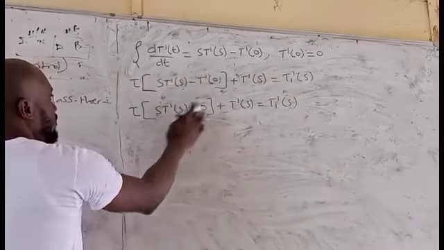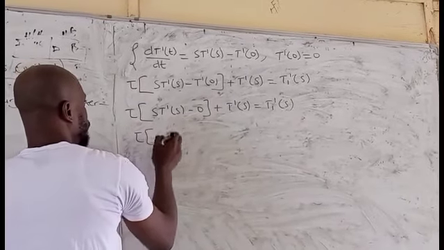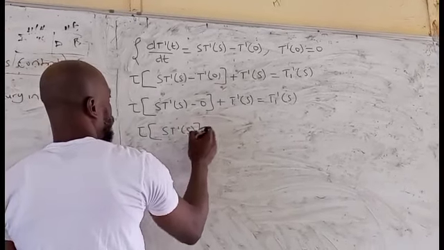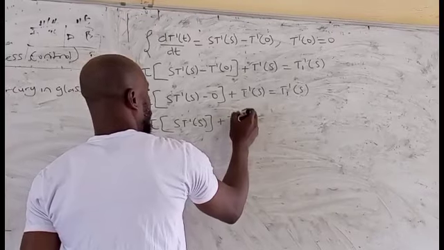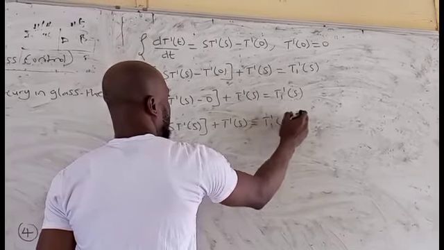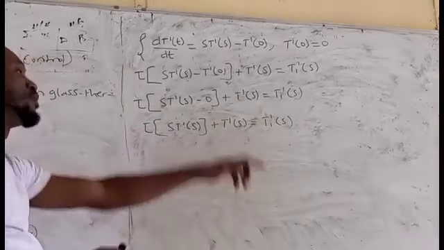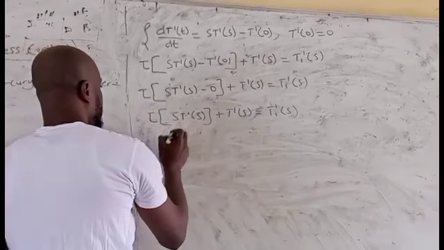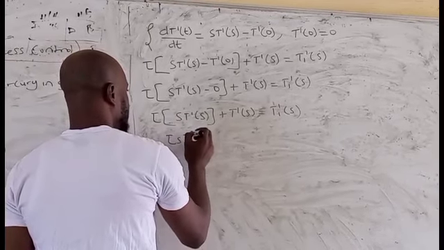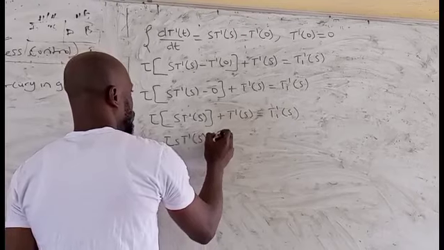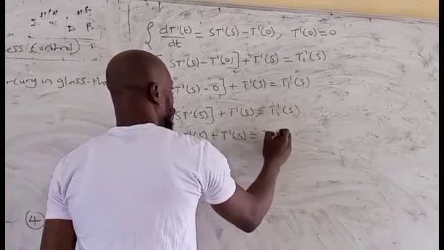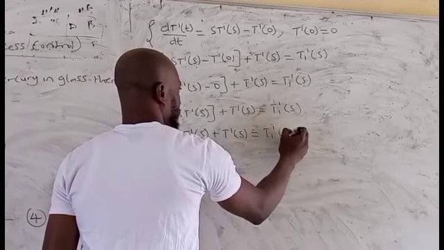So from here, this minus this will give you tau into sT'(s), plus T'(s) is equal to T1'(s). If you open up this bracket, we're going to have tau s T'(s) plus T'(s) is equal to T1'(s).